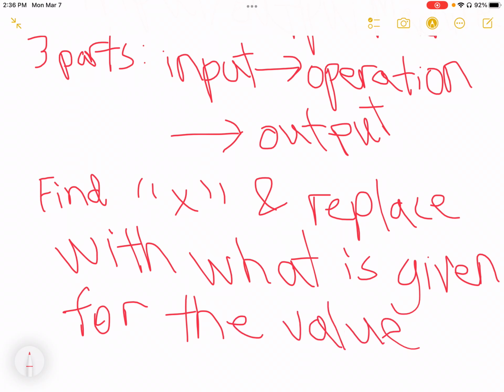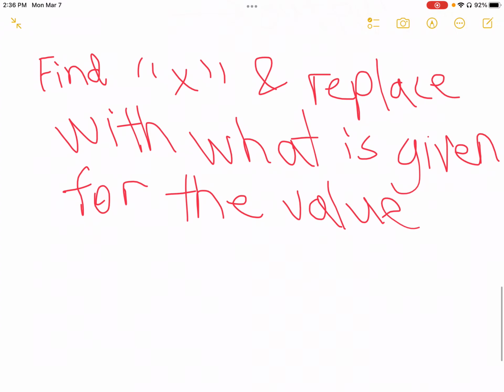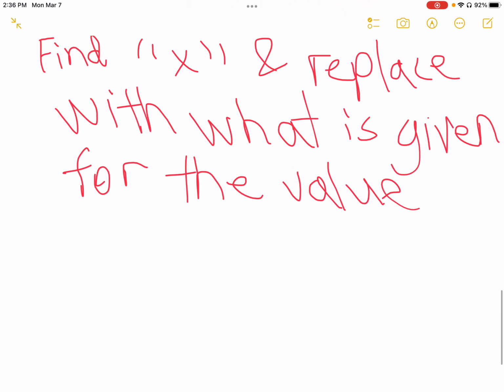Okay, and this makes a little more sense. So 3 parts: input, operation, output. So find x in your function and then replace with what is given. So go with that. So now we have our example here.